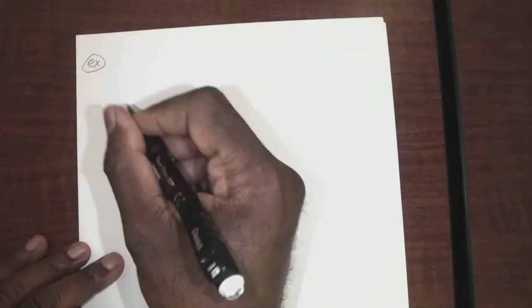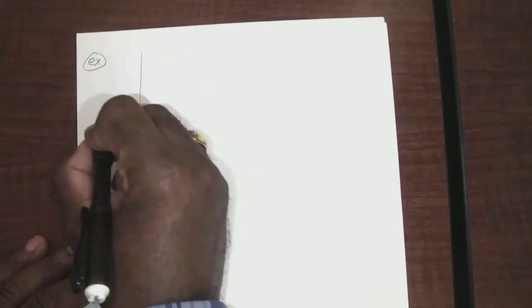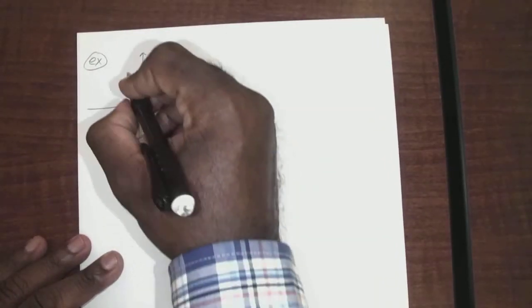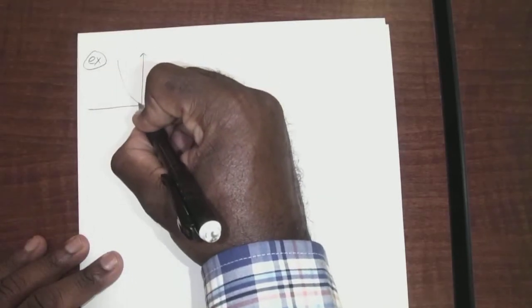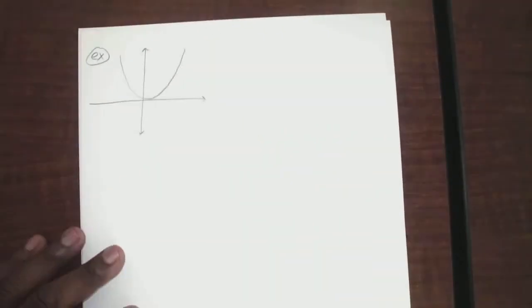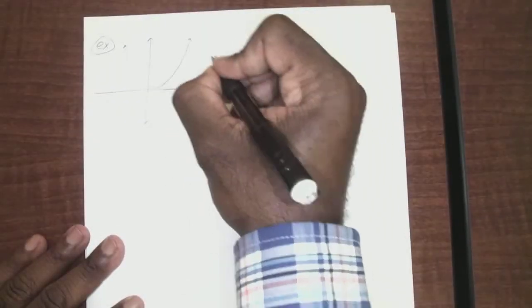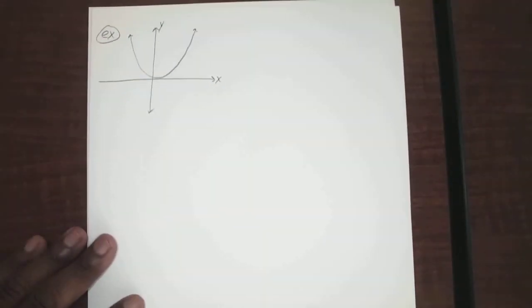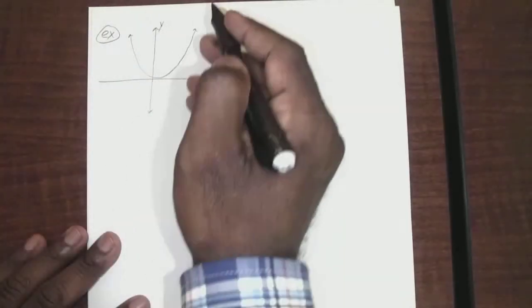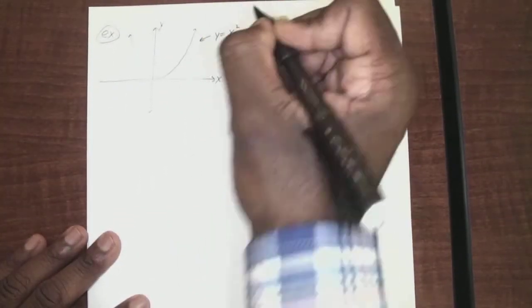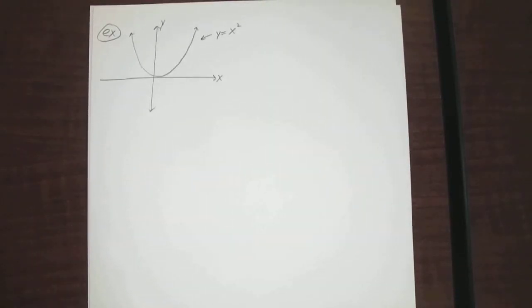Now we'll do two more quick examples. If we have our x and our y, this graph is actually just your y equals x squared graph.